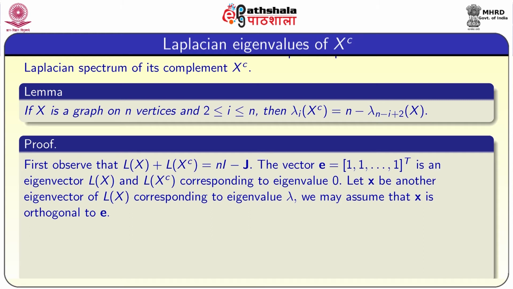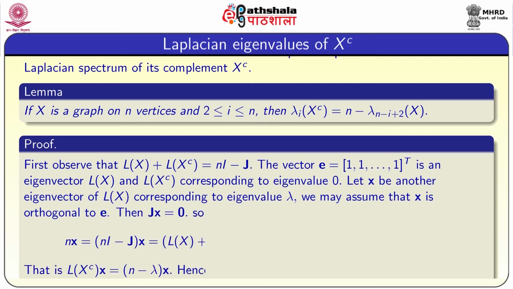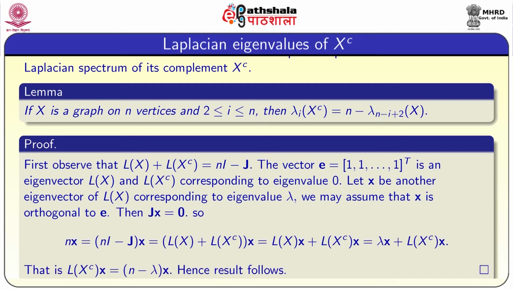We may assume that x is orthogonal to e. That is possible because L is a symmetric matrix, so one can choose mutually orthogonal eigenvectors. Thus, since x is orthogonal to e, Jx equal to 0.